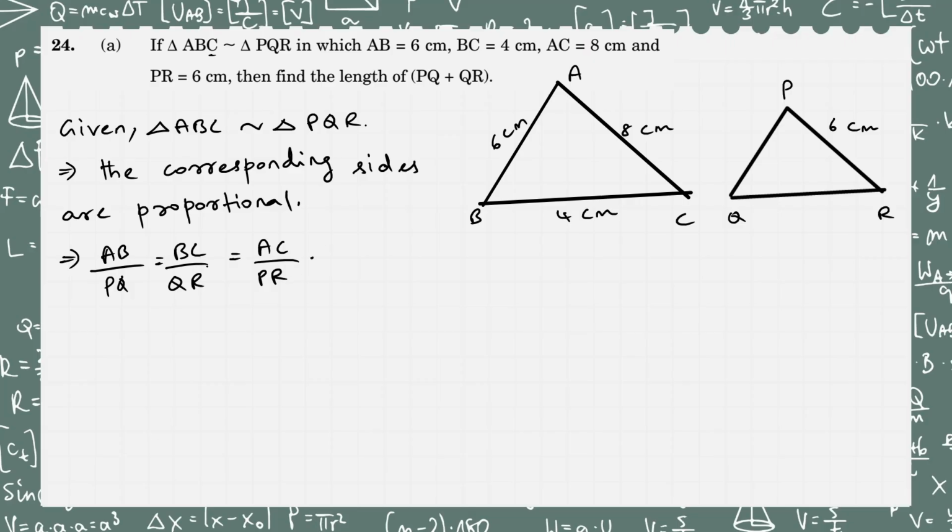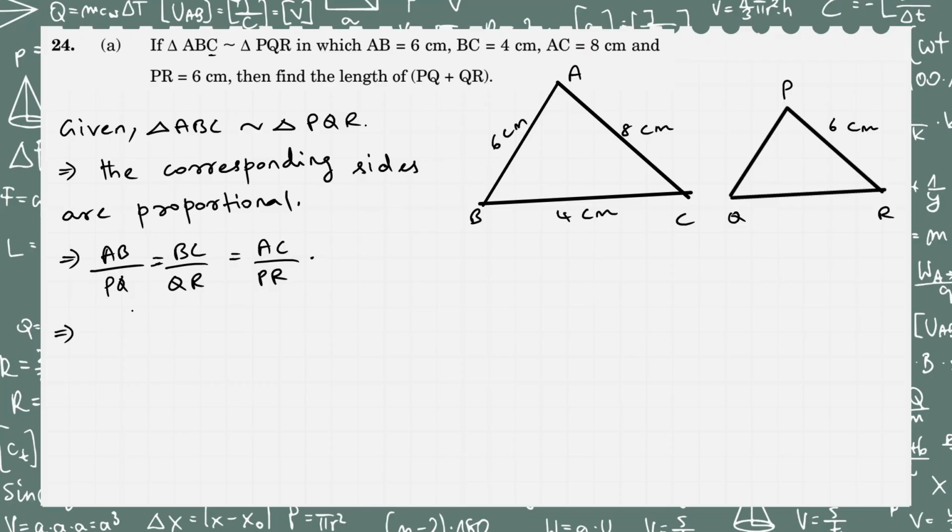Hope you remember that whenever we keep the sides of a particular triangle in the numerator, we have to maintain the same pattern till the end of the calculation. So here I have chosen triangle ABC's sides in the numerator.